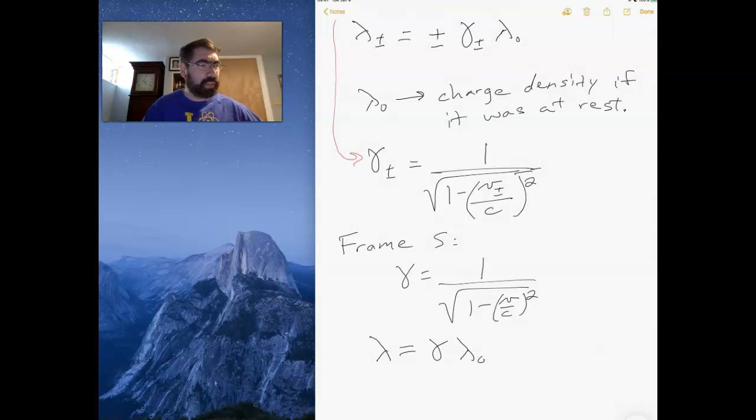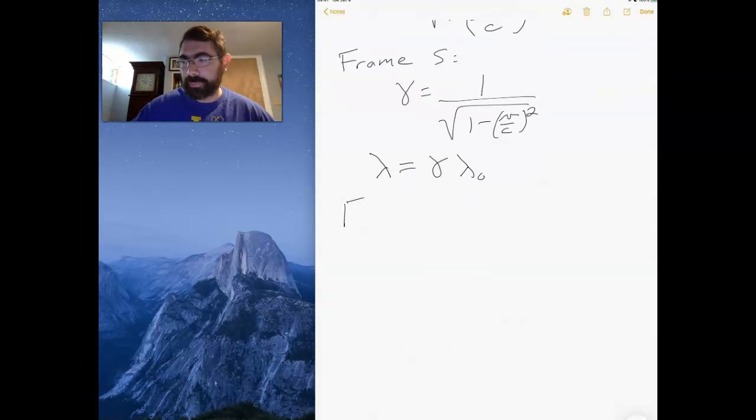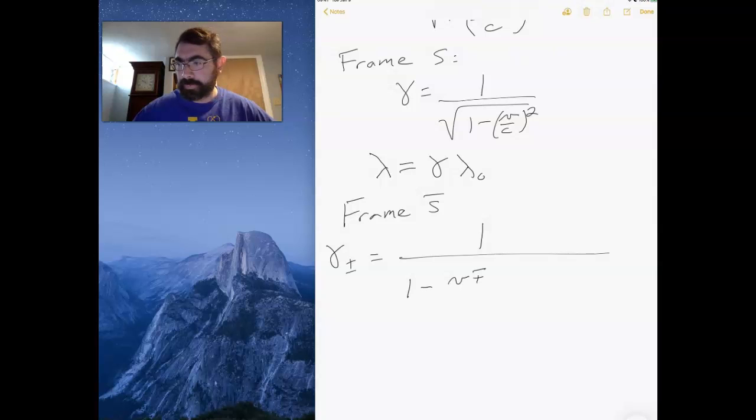Okay, so let's work out the gamma factor for the S bar frame. We'll go back to frame S bar, and we'll start with this gamma plus minus, 1 over the square root of 1 minus the velocity term times 1 over c squared.